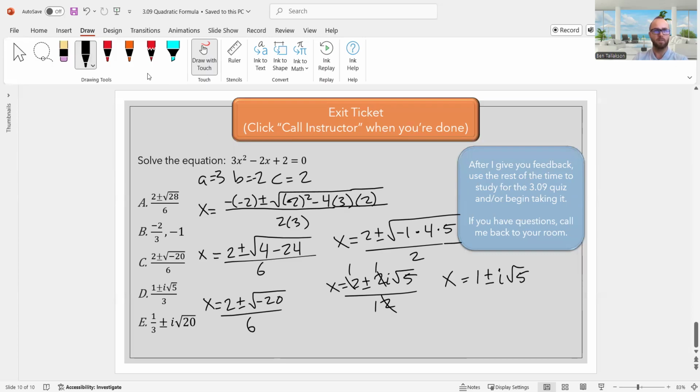So let's change that to a 6. Here we go. So 2 goes into 6 3 times. So we're actually going to get this same thing we had, but over 3. So answer is D.